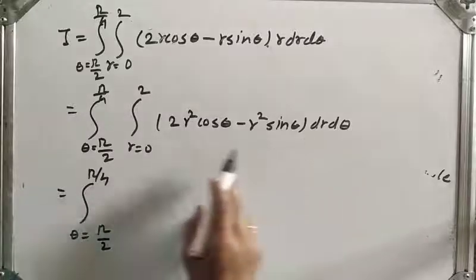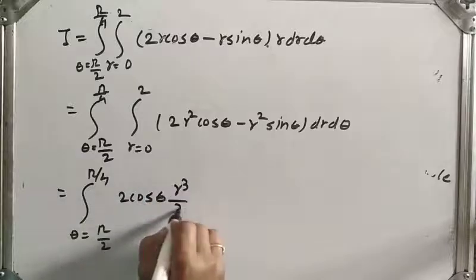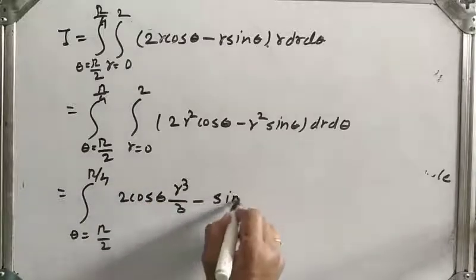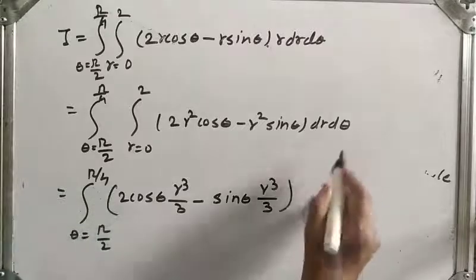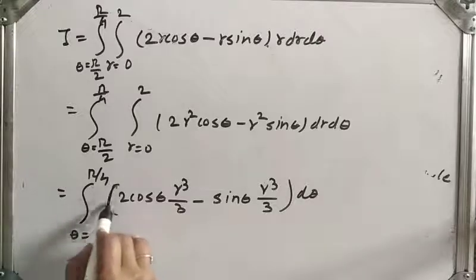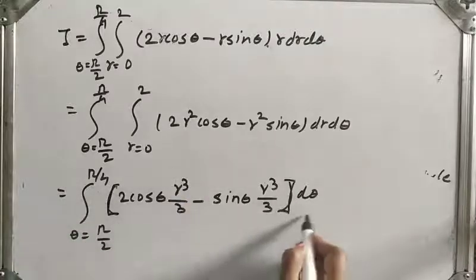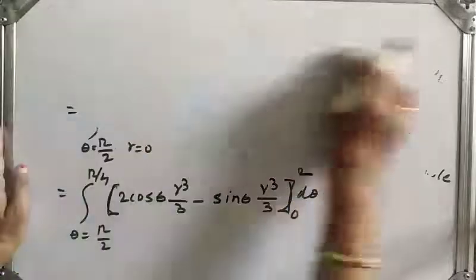Integrate with respect to r. So 2 cos theta is constant, integration of r square is r cube by 3, minus sin theta constant, integration of r square is r cube by 3, d theta, with limits from 0 to 2. Now let us apply limits to r.